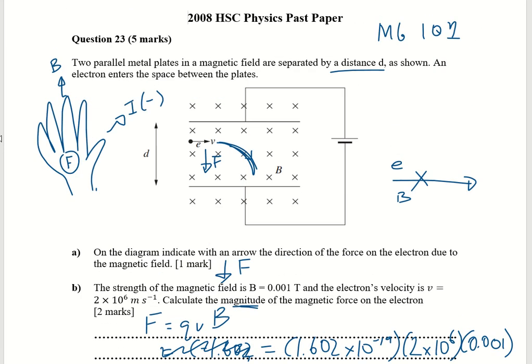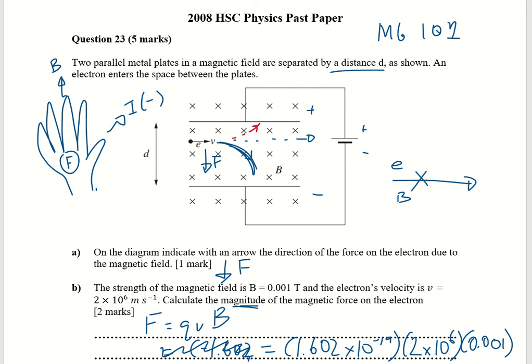So the idea is the strength of the electric field to allow our electron to go across like this. Now, if we look at where the field is going, this is the positive side, this is the negative side, so it's positive to negative. So according to an electric field, that's going to drag the electron up this way.